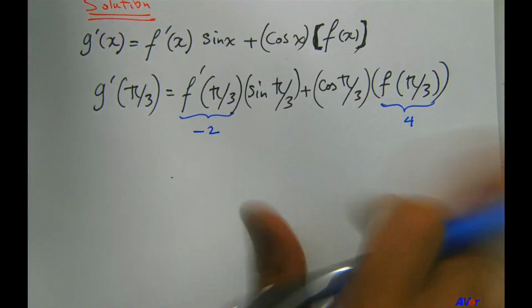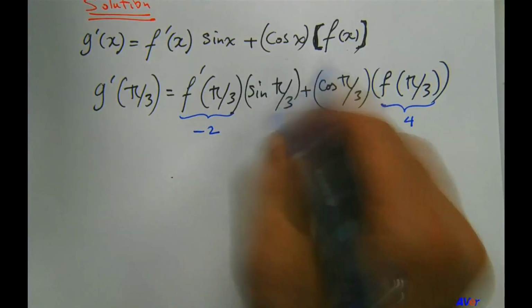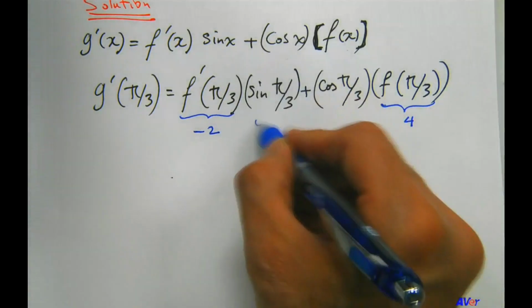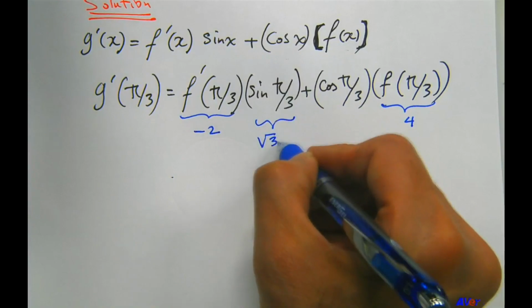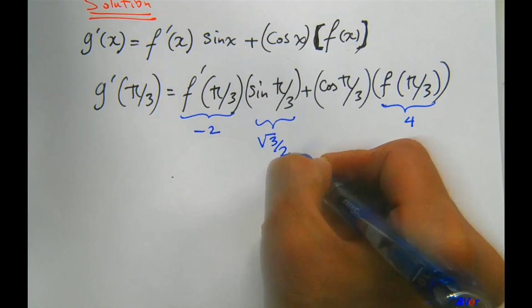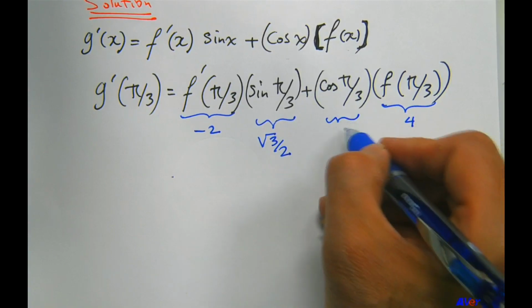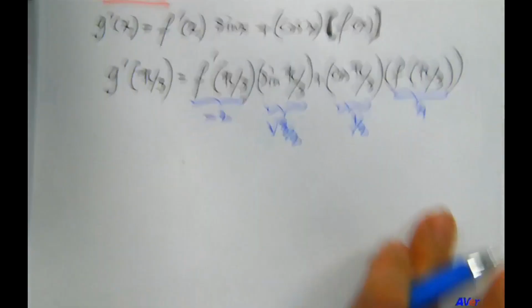Now, what do we know from Math 127 about these two? We know that sine of pi over 3 is equal to square root of 3 over 2, and cosine of pi over 3 is equal to 1/2, right? We know that from before.